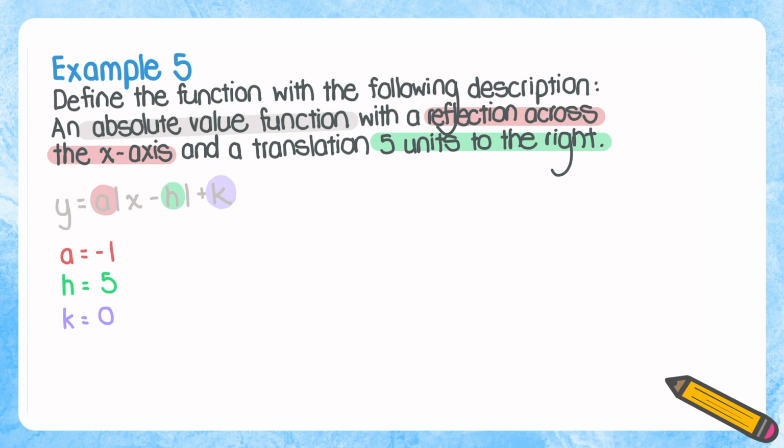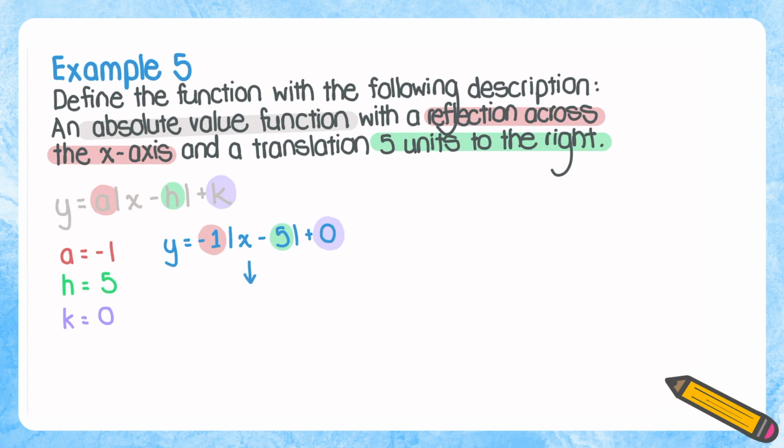So let's replace the parameters with the actual values. y equals negative 1 times the absolute value of (x minus 5) plus 0. I replace the parameters with the actual numbers we found in the description.